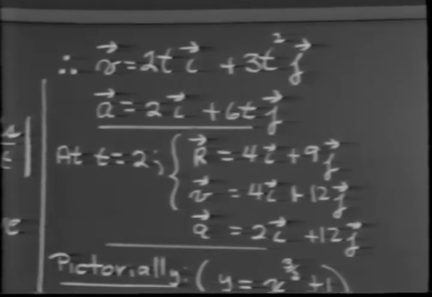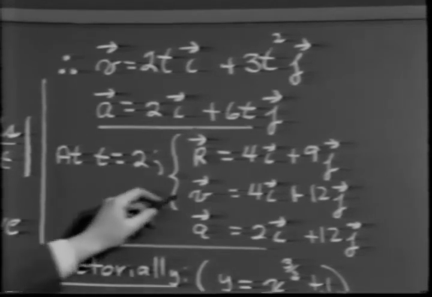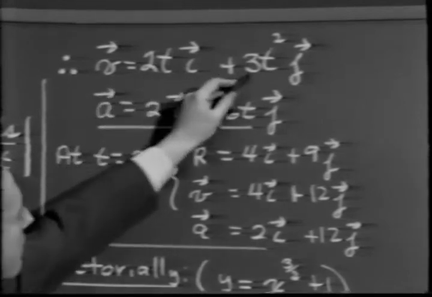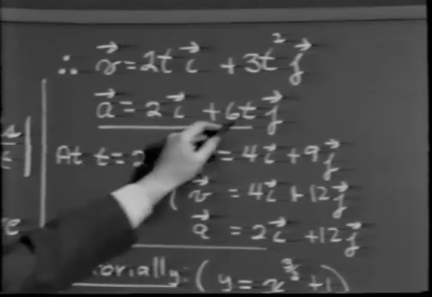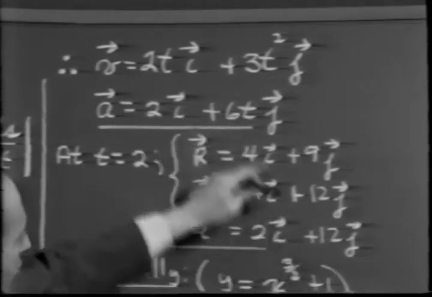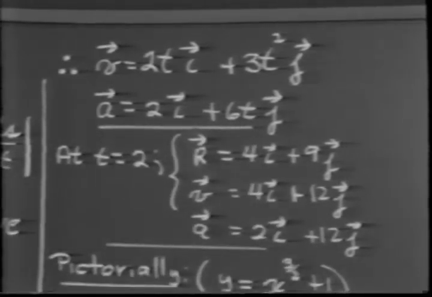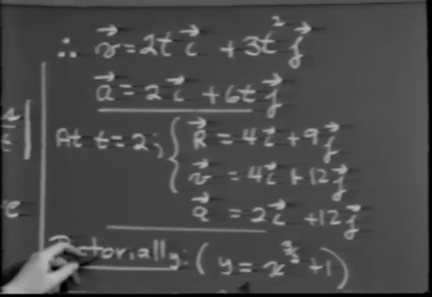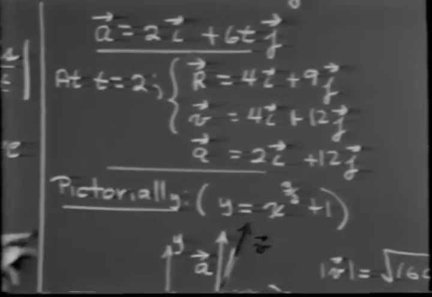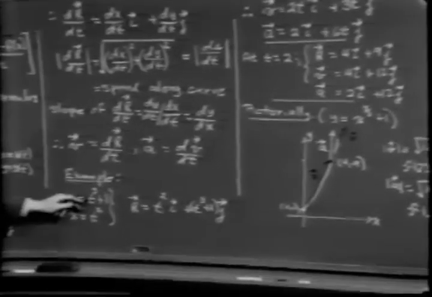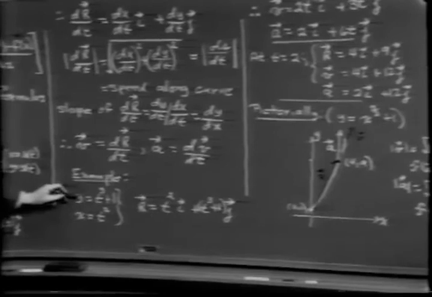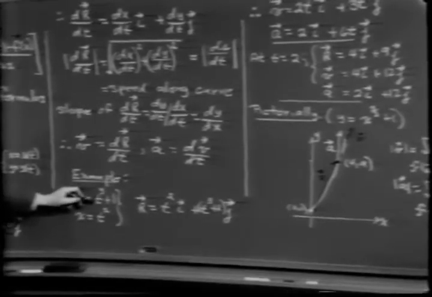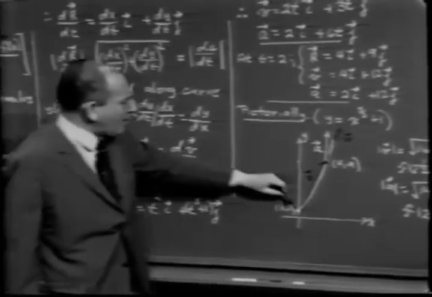When t is 2, notice that in vector form, r is equal to 4i plus 9j, v is equal to 4i plus 12j, and a is equal to 2i plus 12j. By the way, to show you how to get the path, recalling that t cubed is t squared to the 3/2 power, this simply says that y is equal to x to the 3/2 plus 1.